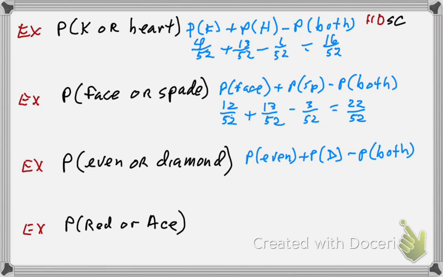Okay, even cards. So 2, 4, 6, 8, 10. That's in one suit. Is a queen technically even? No, face cards aren't either. So 5 of them in one suit. We've got 4 suits. So 20.